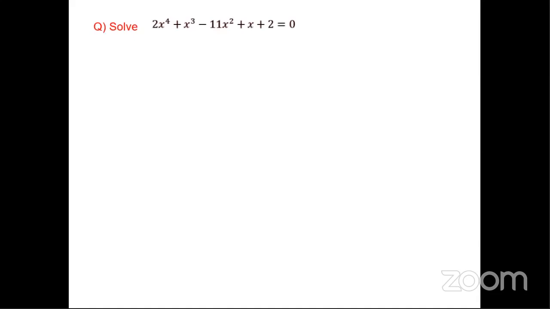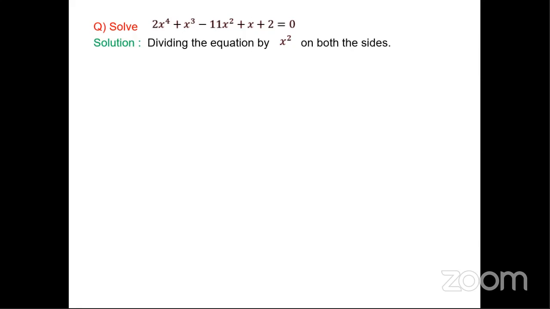The problem is: solve 2x power 4 plus x cube minus 11x square plus x plus 2 equal to 0.